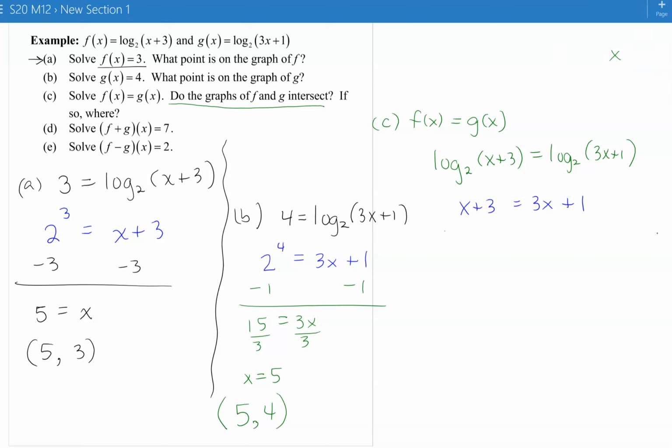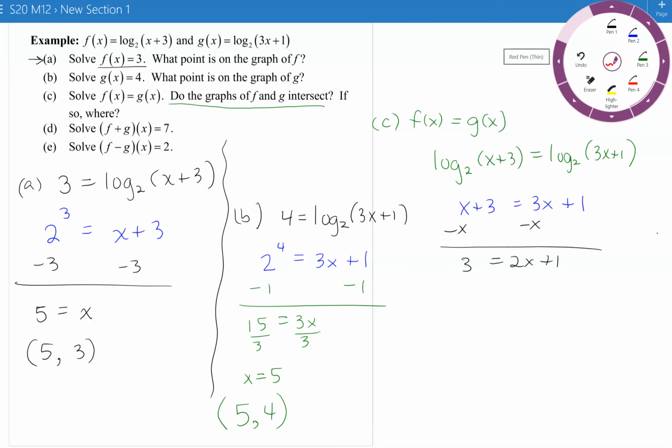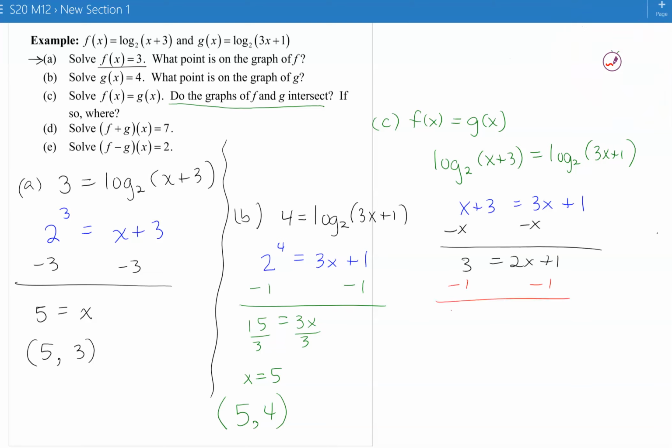So I'm going to solve for x, subtract x from both sides, subtract 1 from both sides, and x equals 1. So when x equals 1, the graphs intersect.